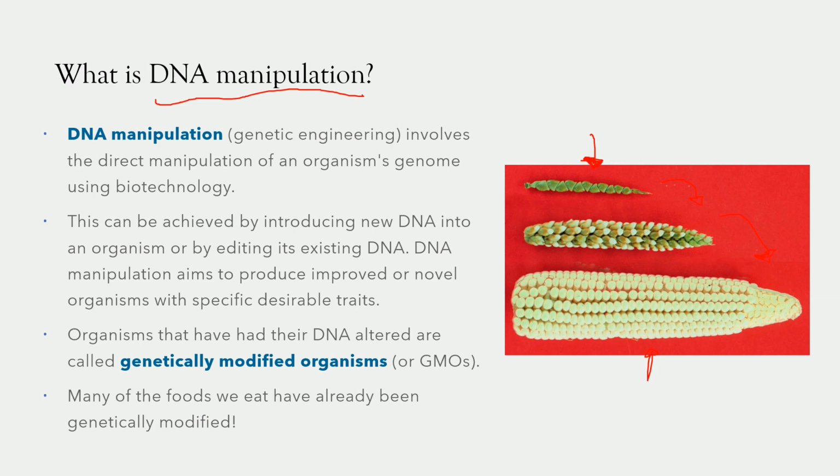We've done that by introducing a range of genes that help it to grow and help the corn be bigger and juicier, more nutritious. So that's an example of a genetically modified organism. We often shorten it to GMO. So even things like corn, which we eat every day and don't even think about, are genetically modified organisms, and their DNA has been altered over time.